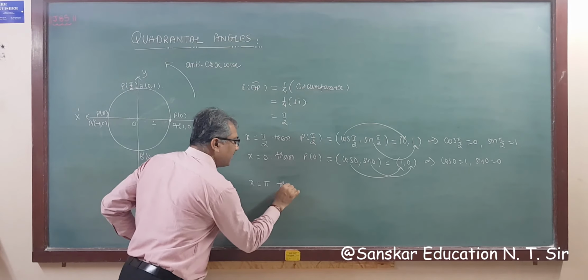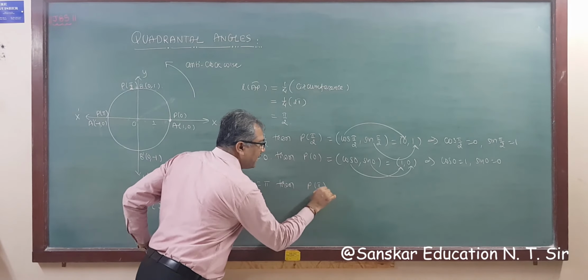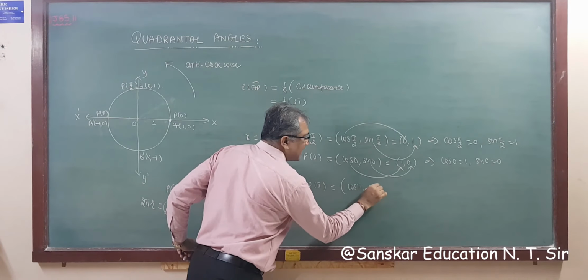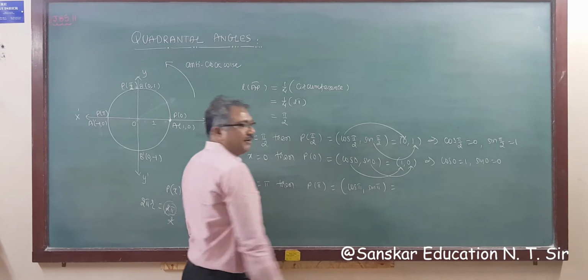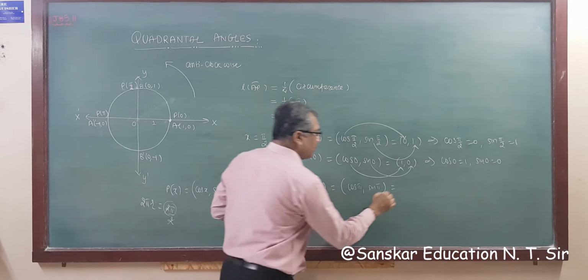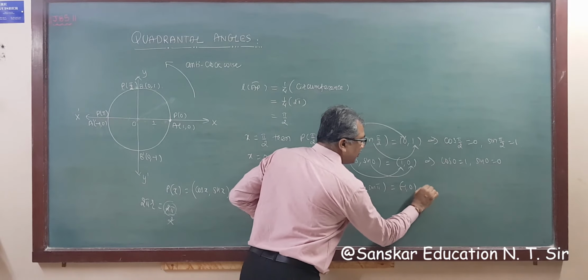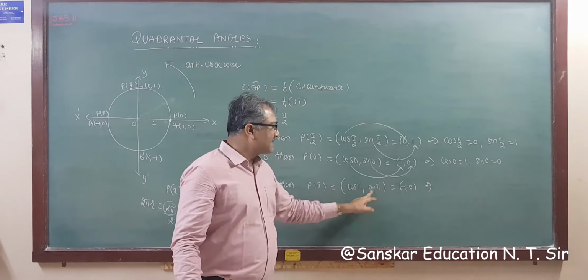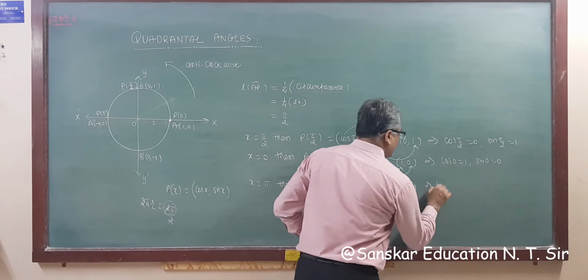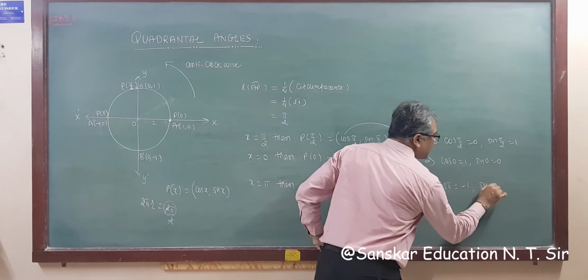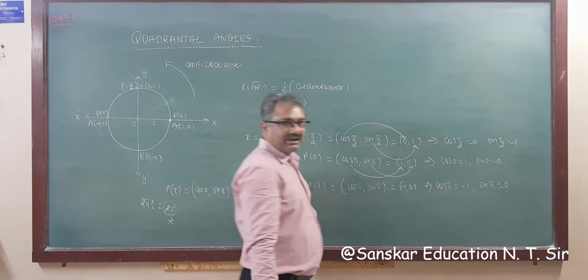Then P pi is equal to cos pi, sin pi. That is point -1, 0. So this implies cos pi is -1 and sin pi is 0.